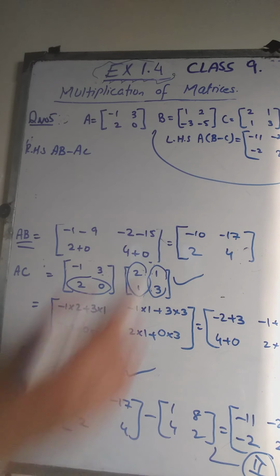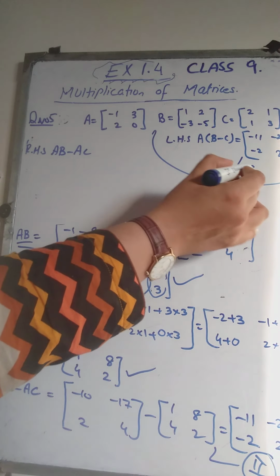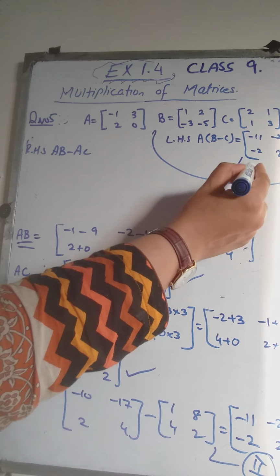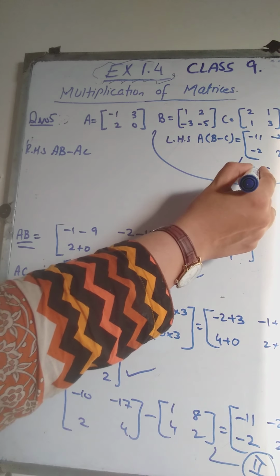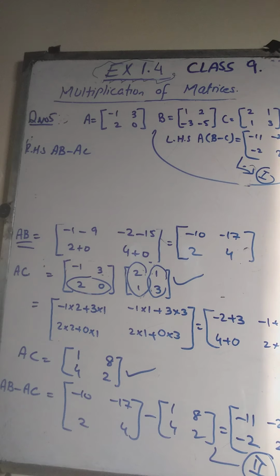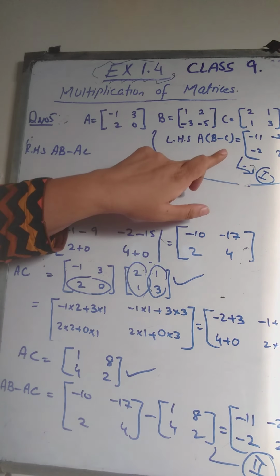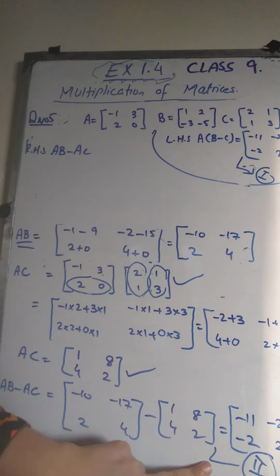Now this was the first equation. This was the result of the left hand side, and this is the result of the right hand side.